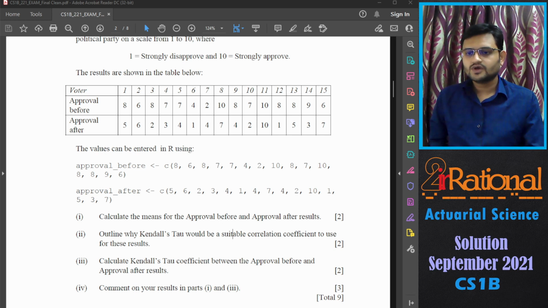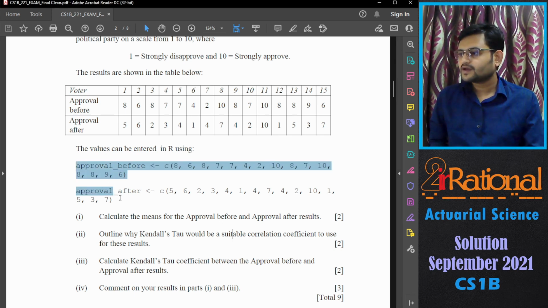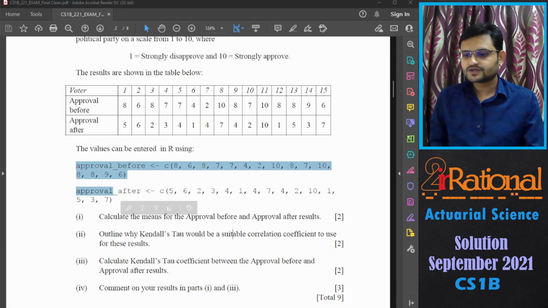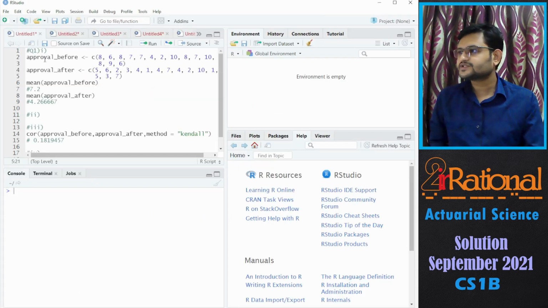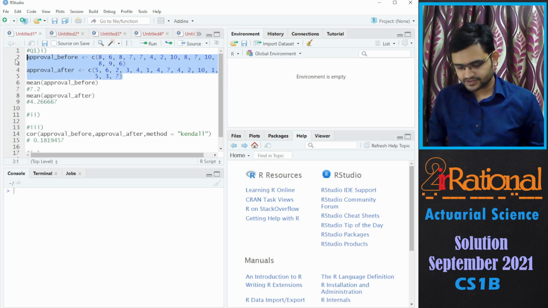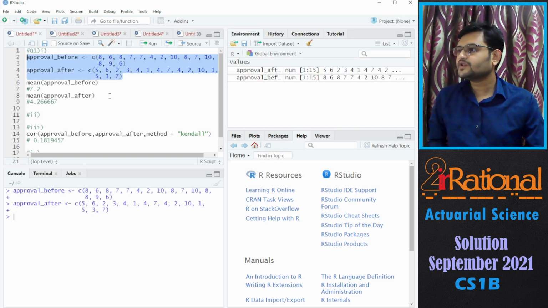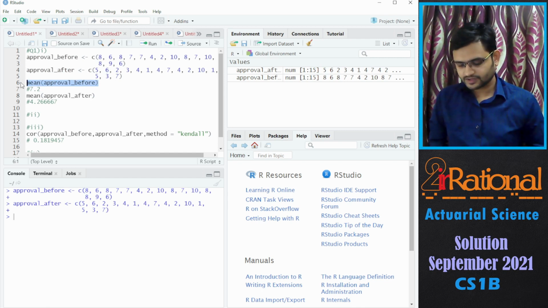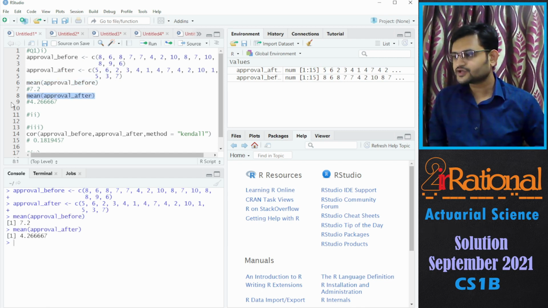Now to solve, we'll just copy these two codes and paste them in our RStudio. I'll just run this, and for mean we will use the mean function. For the second one also the mean function, and these are the values that we are getting. We'll talk about the comments in a minute.